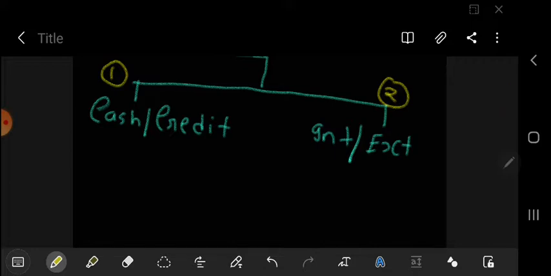Cash transactions. Cash transactions are the transactions in which exchange of money is instant.